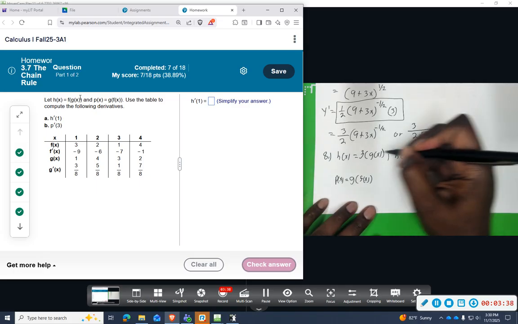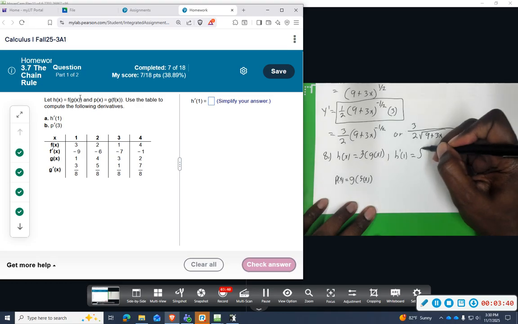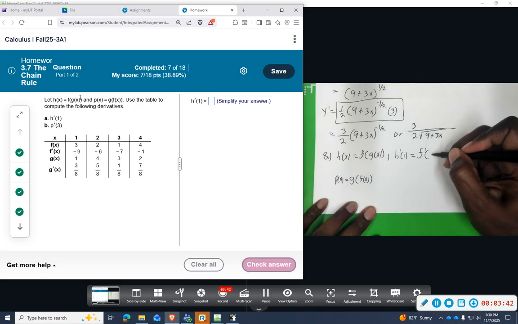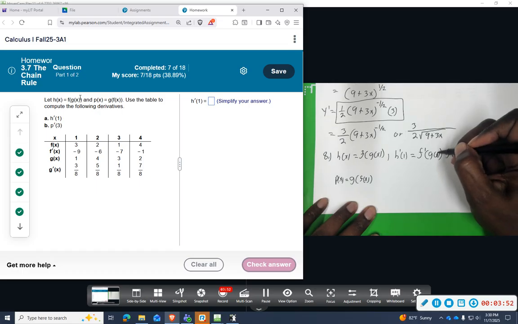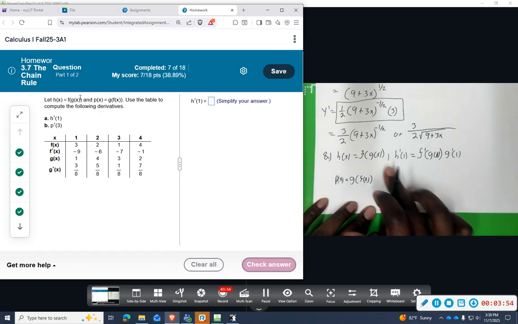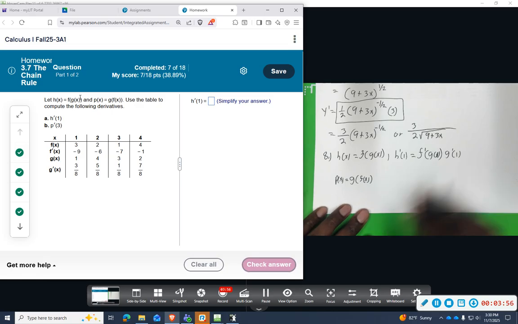Okay, so derivative of the outside, so it'll be f prime, leave the inside as is, times the derivative of the inside, so that'll be times the g prime, and I should be plugging in 1s at this point. We'll use the table and figure this out.